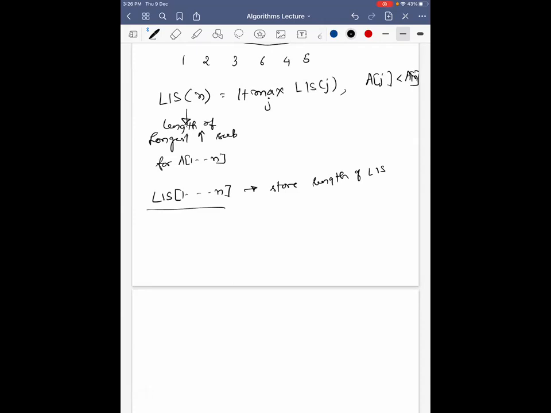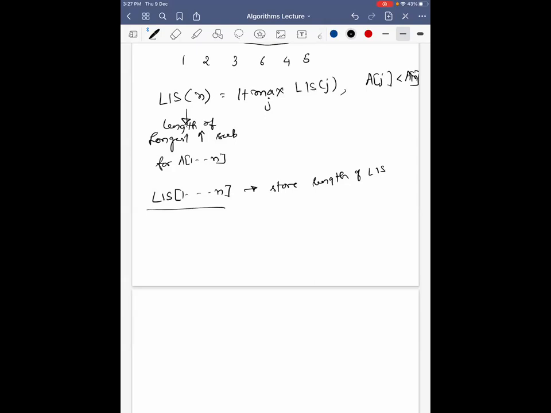First of all, I need some kind of a base case, right? Sir, actually, there could be a problem with this recursion. What if AJ is lesser than AN, but LIS of J does not include AJ? It ends at some subsequence which has value greater than AJ as well as value greater than AN.